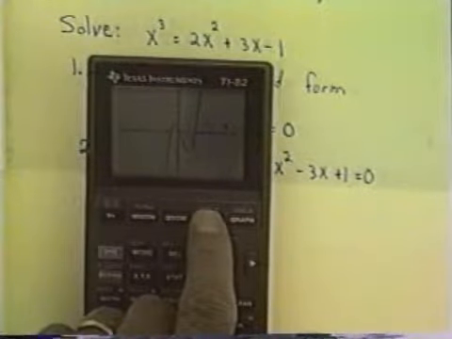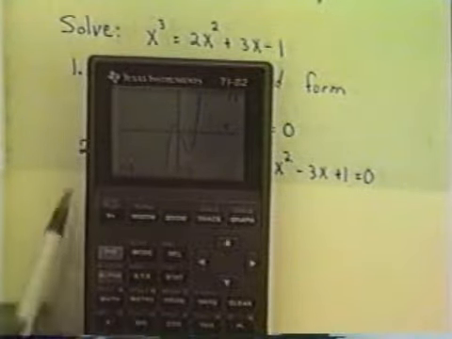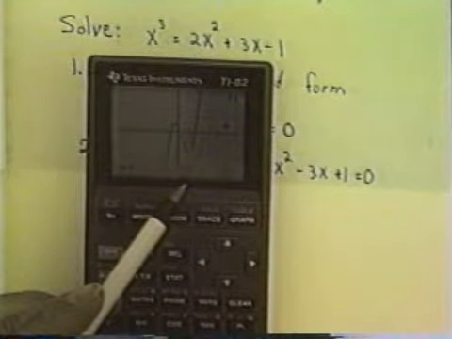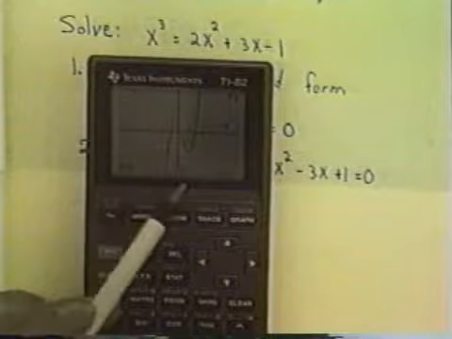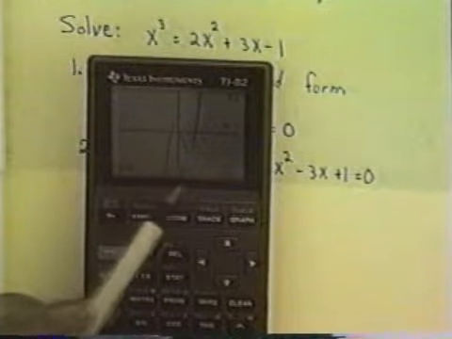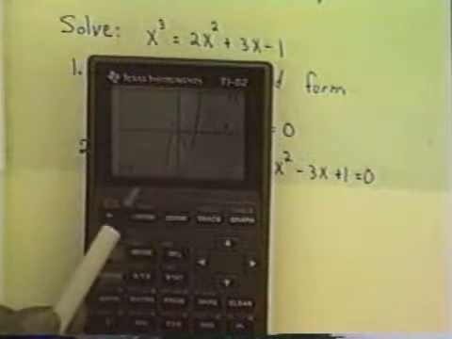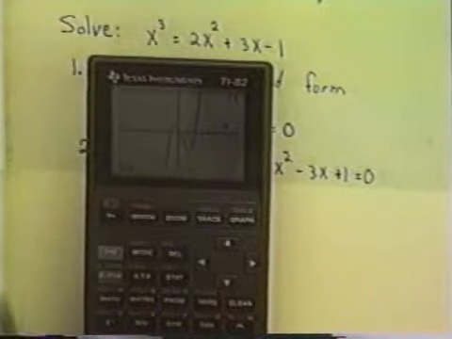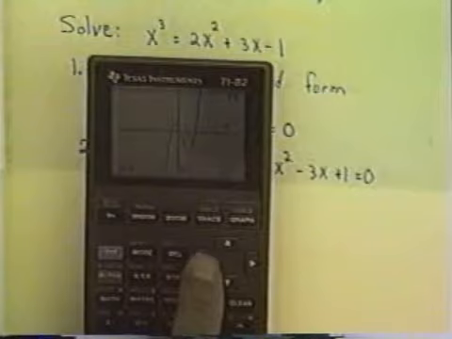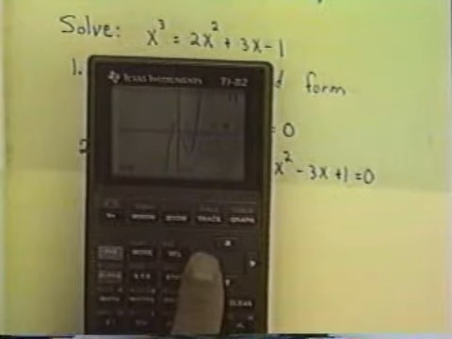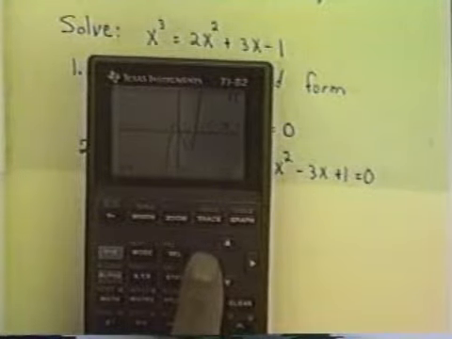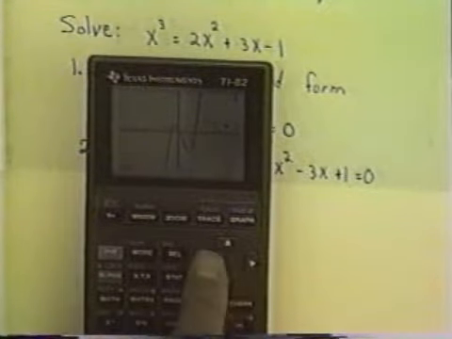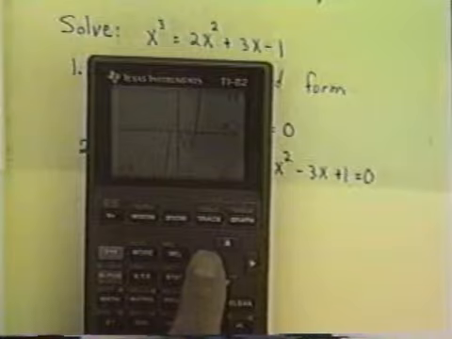If I put it on trace, you can see here we have x is 0, y is 2. What we want to do is find out the value of x when y is 0. If you use your arrow keys, you can move the cursor around.